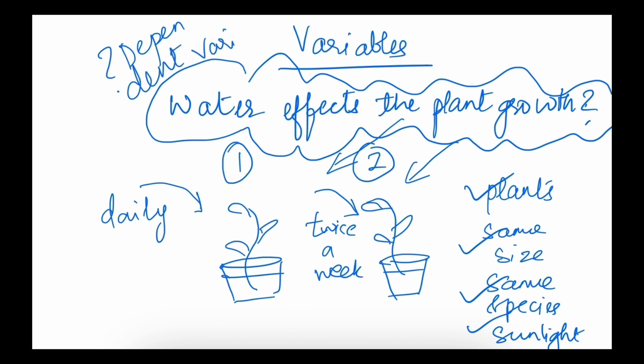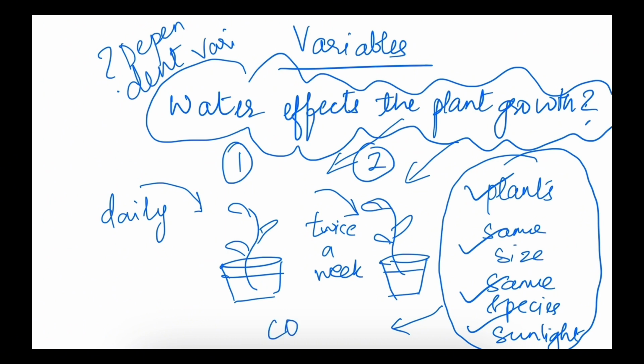Now, you see in these two experiments, some of the things are exactly same in both the setups. So plants is of same size, same species, and sunlight is also equally given to both the plants. All the things that are same in an experiment, are kept same in an experiment, are called control variables.